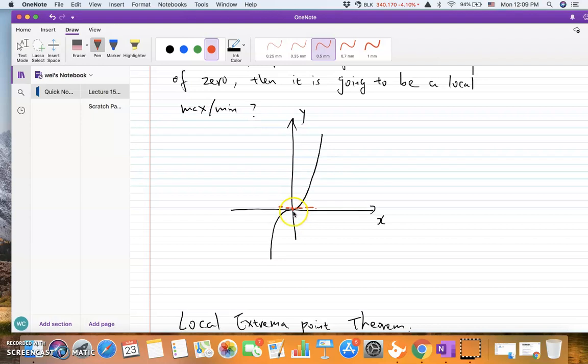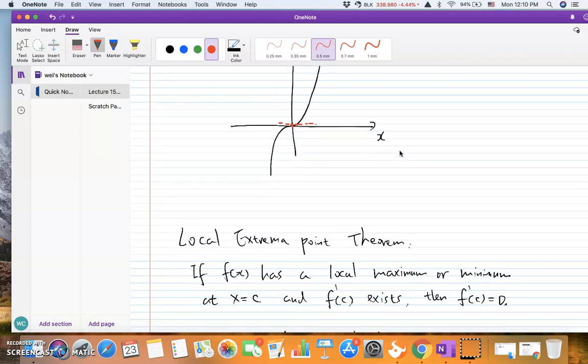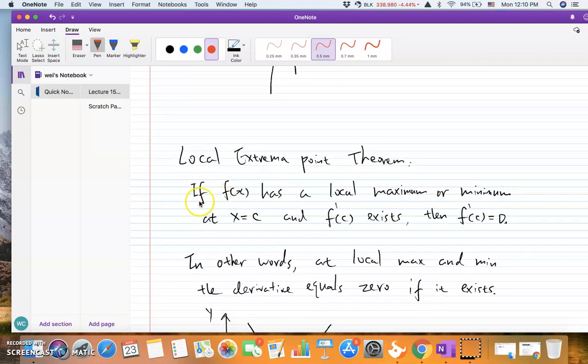However, this is not a maximum or minimum. So we cannot say that if the tangent line has a slope of 0, then it's going to be a local maximum or minimum. Then what is true? The opposite is true. What is the opposite? The opposite is this.